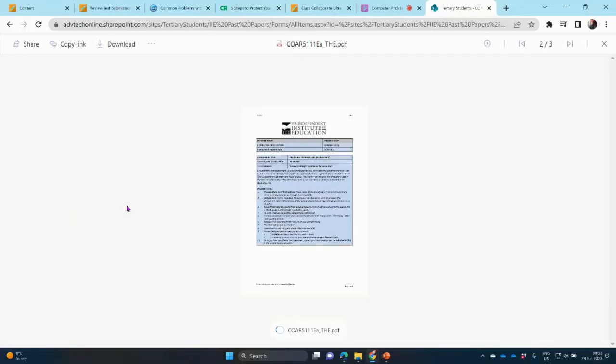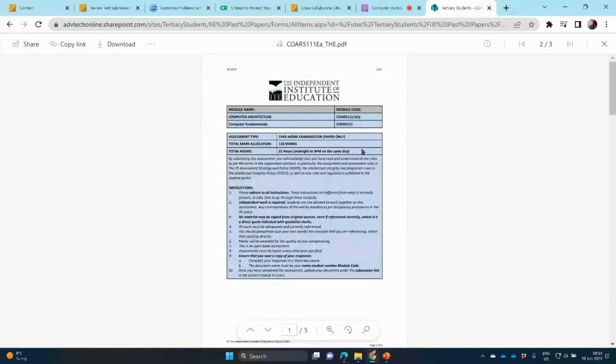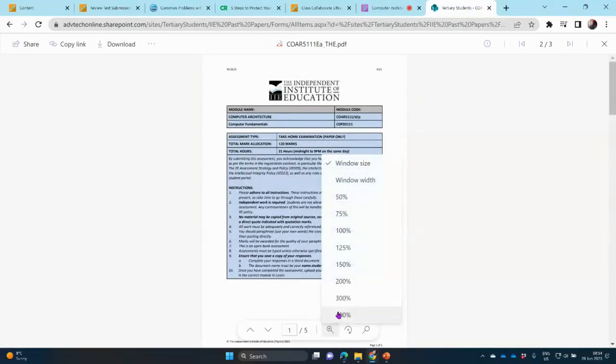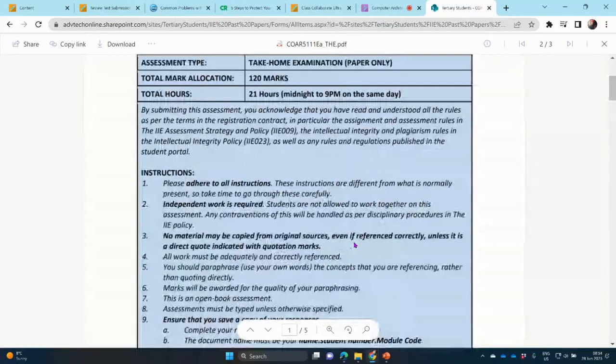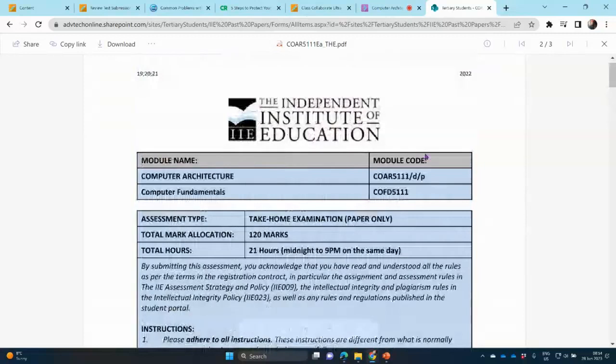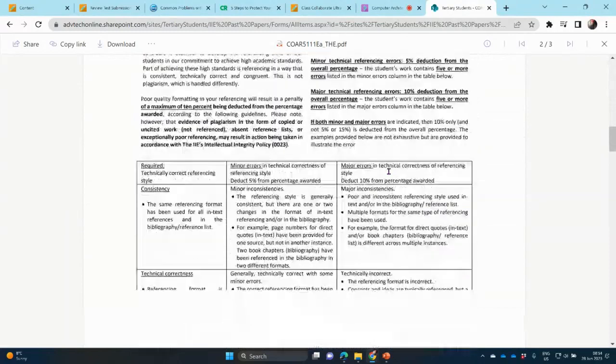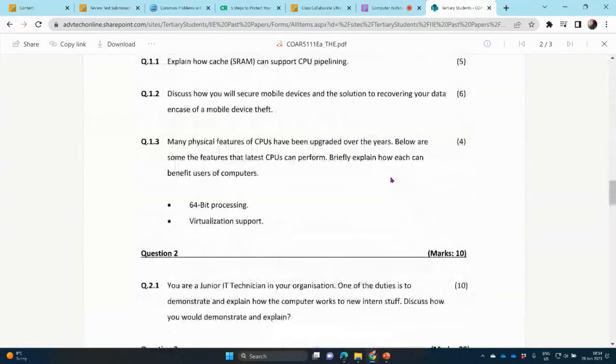E is for exam. Let me click on it and see which exam this is. I'm going to change the view. Okay, so this is 2022. We are currently in 2023. So 2022 paper, I'm going to page through it.